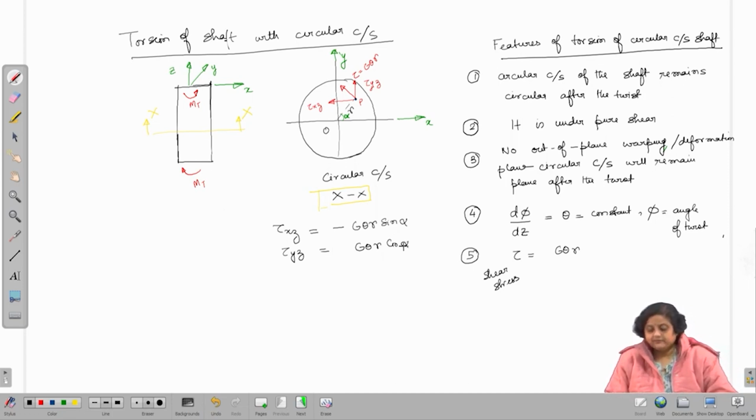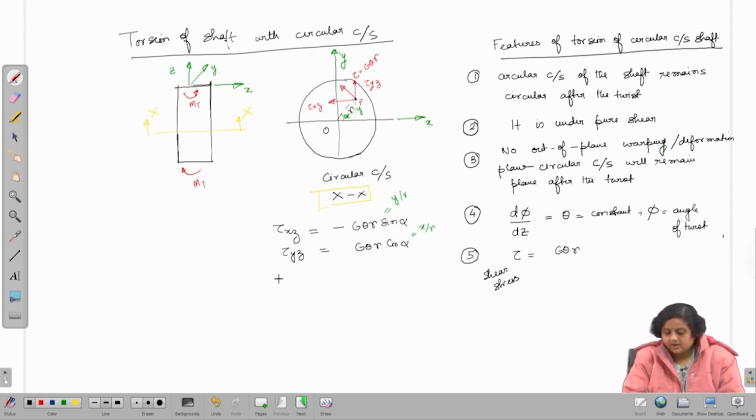Now, from geometry we can see that sin alpha is y by r, y being this, and cos alpha is x by r. If we substitute the value of sin alpha and cos alpha, we can write tau xz to be minus G theta r y by r, which is equal to minus G theta y.